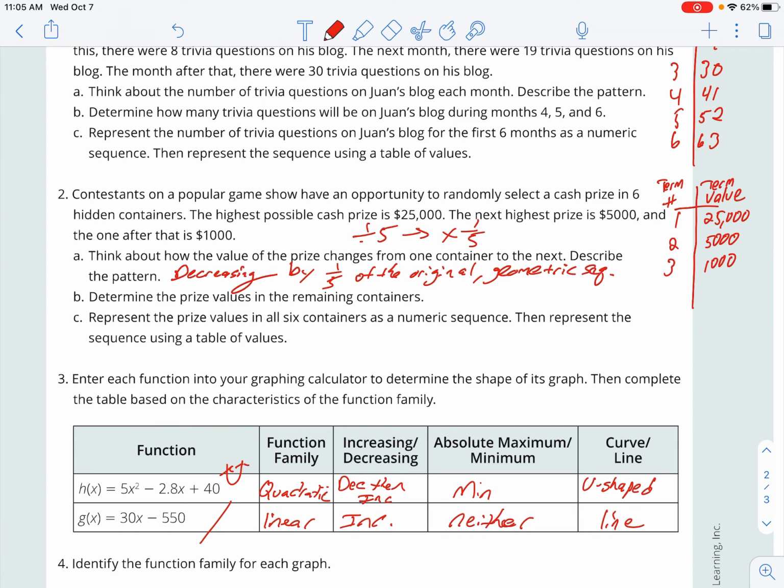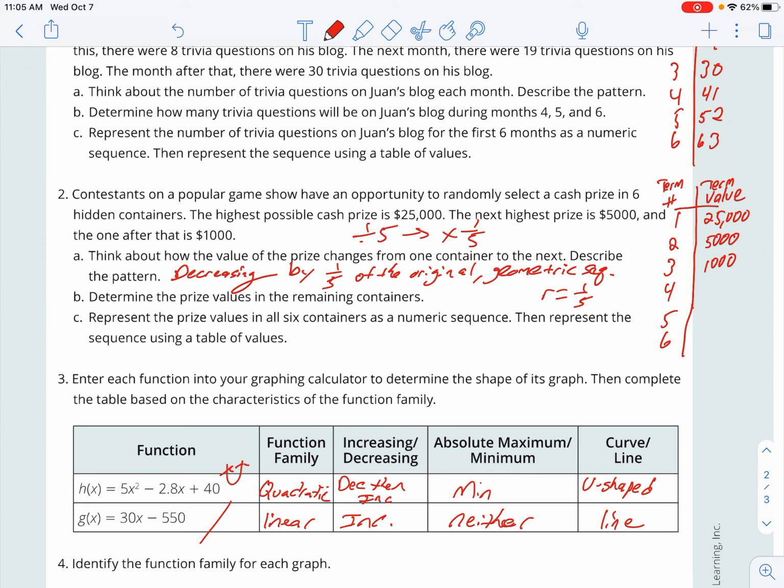It's a geometric sequence where the common ratio, R for ratio, is 1/5, okay? So as we've been doing the last few days, bring it all together, and let's find out all 6 containers here. So 4, 5, and 6 is what we want to continue on.